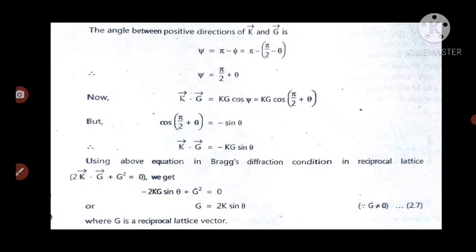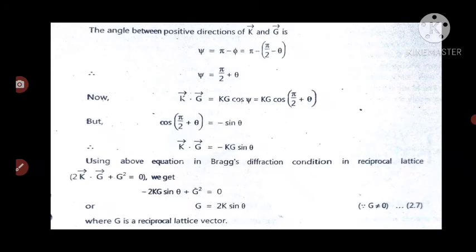And using this equation in the Bragg-Diffraction condition, the equation will be obtained, that twice k dot g plus g square is equal to 0, and that will give g is equal to twice k sin theta, where g is the reciprocal lattice vector.